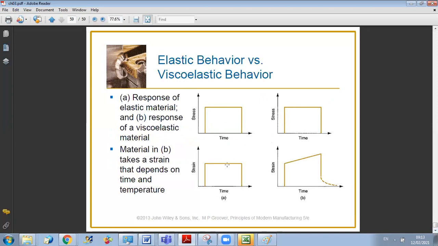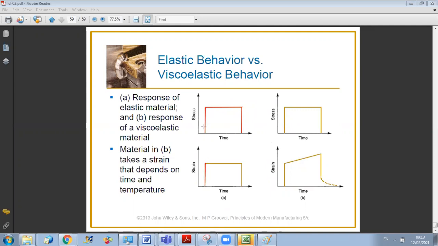In the first graph, in graph A, you can see the response of an elastic material. What will happen is that I will instantaneously apply a certain stress. I will maintain the stress constant for a certain period of time, and I will then remove the stress. And I will look at the response of my material. I will observe the strain. I can see that the material will spontaneously respond to the stress.